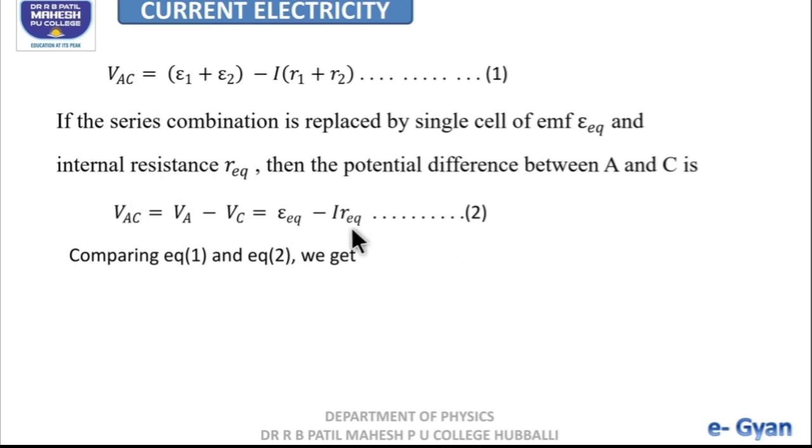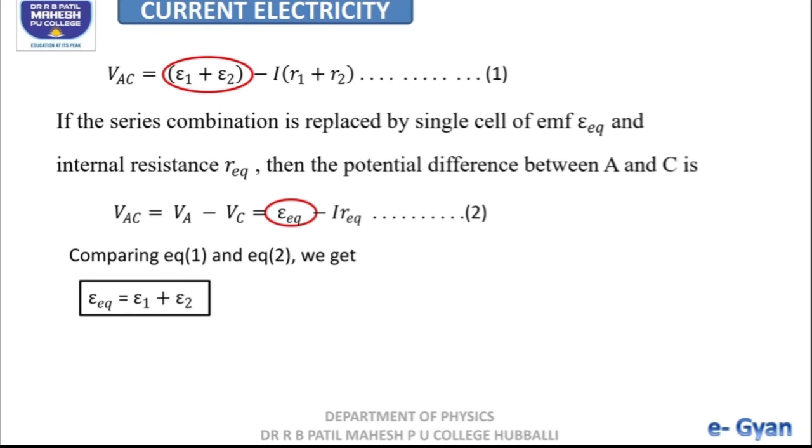In place of E equivalent, we have E1 plus E2. Hence, equivalent EMF is equal to the sum, E1 plus E2.